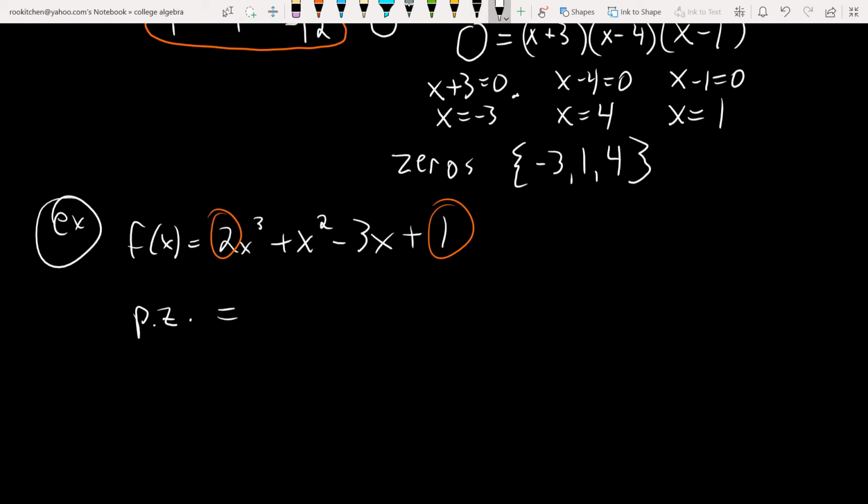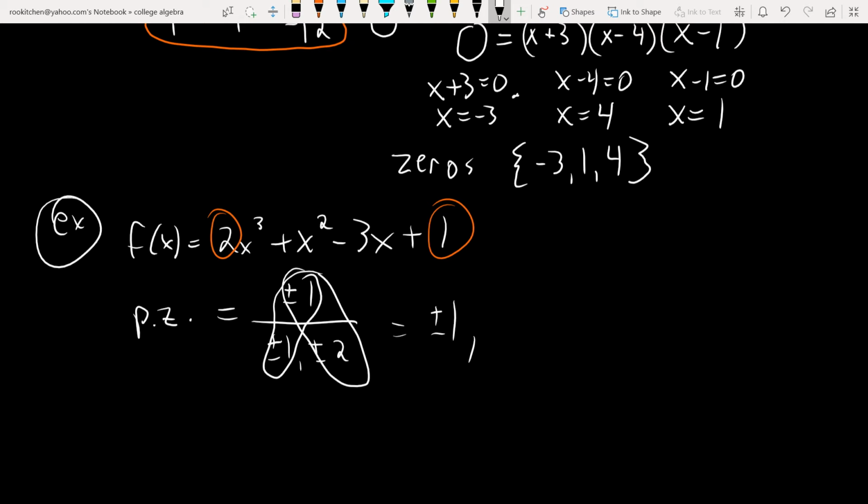So in the numerator, the only things that divide into 1 are plus and minus 1. In the denominator, the only things that divide into 2 are plus and minus 1 and then plus or minus 2. Okay, so our possible zeros will just be plus or minus 1, and then plus or minus 1/2.